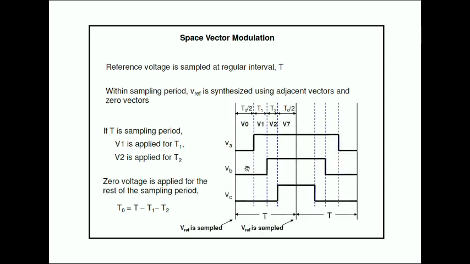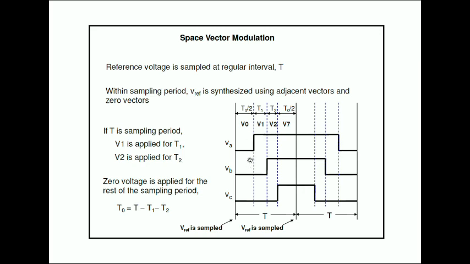So what is the combination for V1? V1 means 100, which means VA is 1, that is VA is active, and VB and VC are 0. For this time duration T1 we get that combination, and for V0, our zero vector time, it is T0 by 2, and here also we take T0 by 2, so the total time for the zero vector is T0.